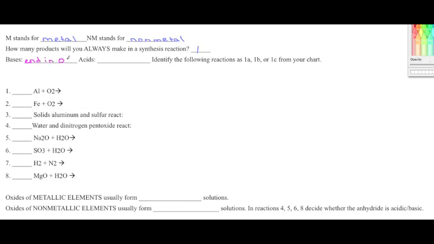So if you see any compound that has an OH at the end of it, that is automatically going to be a base, while an acid always begins with an H. There are a couple of compounds that begin with H that aren't acids, but almost all of them are going to be acids.